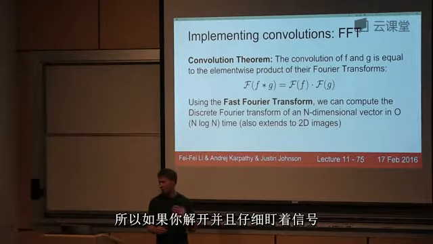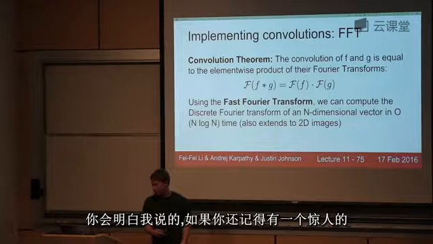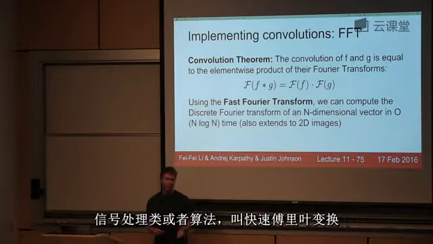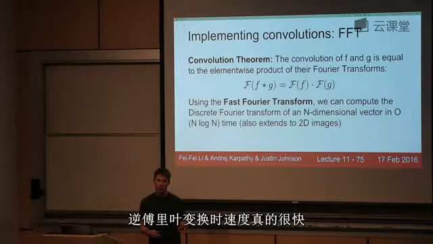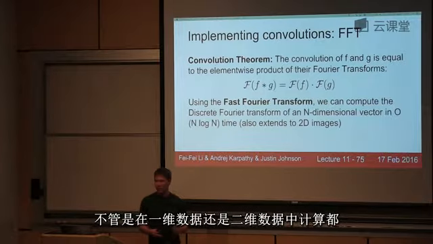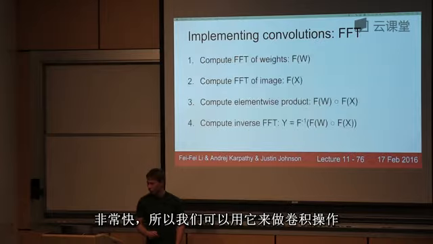If you unpack that and stare at the symbols, I think it'll make sense. You might also remember, from a signal processing class or an algorithms class, that there's this amazing thing called the fast Fourier transform that lets us compute Fourier transforms and inverse Fourier transforms really, really fast. There are versions of this in 1D and 2D, and they're all really fast.